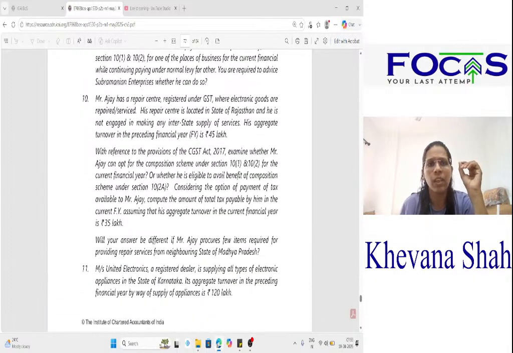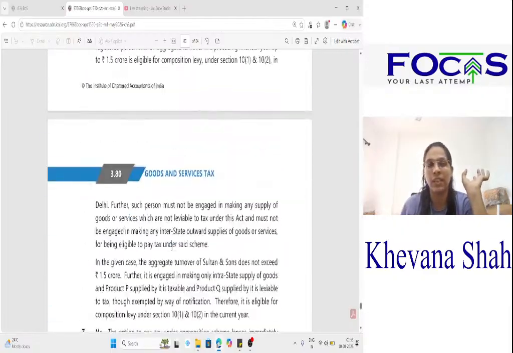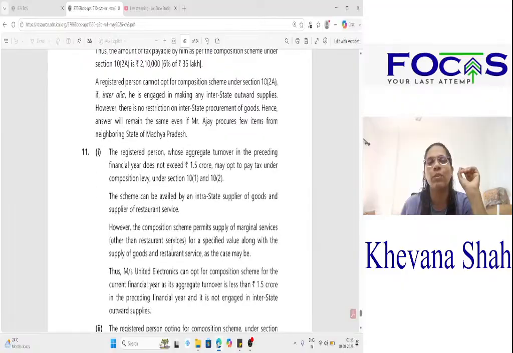He is registered in the state of Rajasthan, and he is supplying only in the state of Rajasthan. The only thing he is doing is getting some raw materials from the neighboring state. So in that case, his eligibility to opt for the composition scheme will still be there. Let's read the answer.